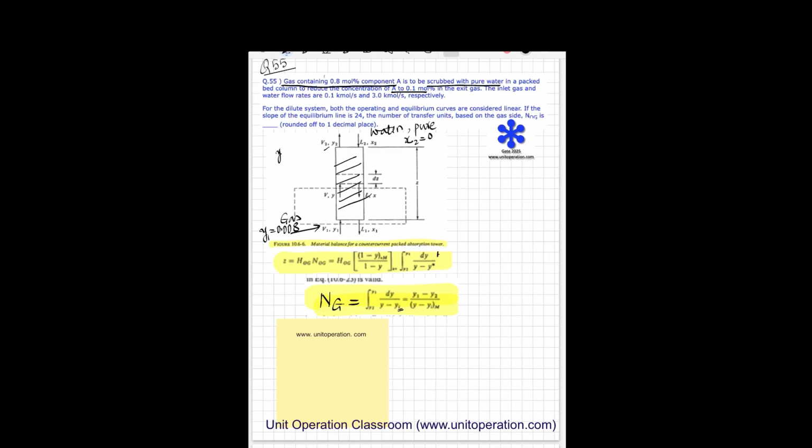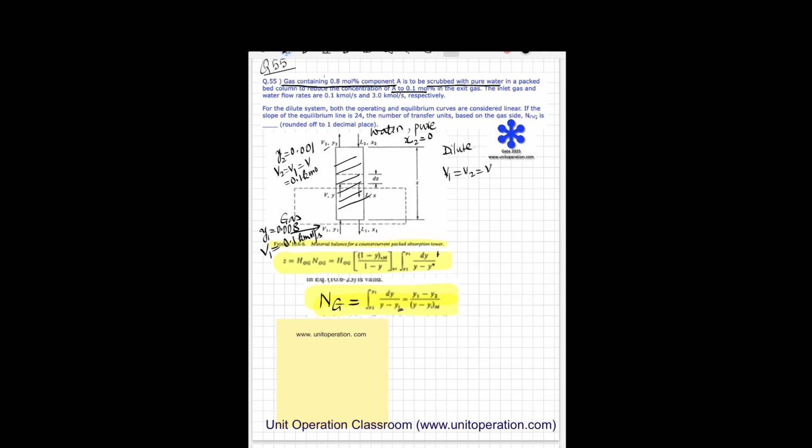0.001. The inlet gas flow rate, so V1 is equal to 0.1 kilomole per second. And since it is dilute, we assume V1 is equal to V2 and let's call it V. So here V2 is equal to V1 is equal to V is equal to 0.1 kilomole per second.